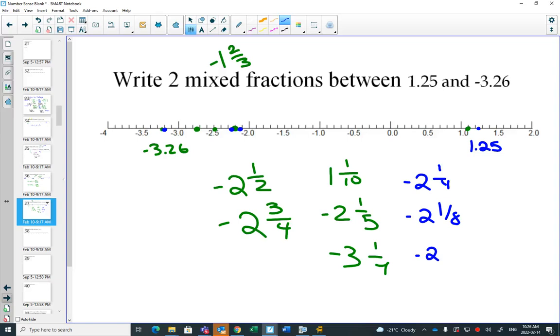Now, if I went -2 and 3/5, that'd be -2.6. That would be here, but you need to go bigger than his. -2 and 1/12. Yes, that would be like right there. Bigger or smaller? Smaller. So we're right here, -2 and 1/12.